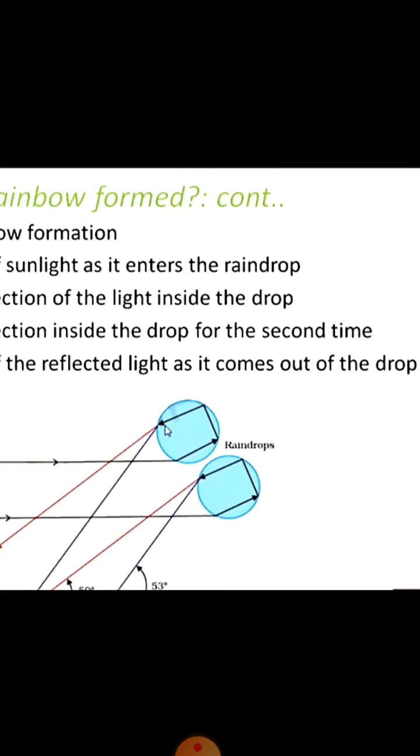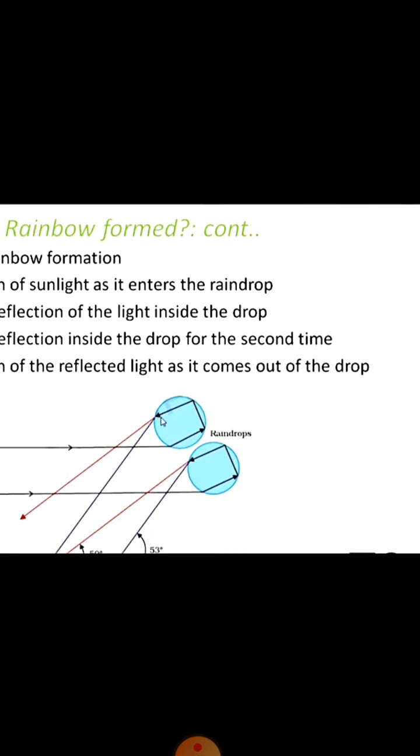But in this case, internal reflection takes place inside the drop for the second time. Somewhere internal reflection takes place only once, but somewhere it takes place twice. However, the rainbow you see will remain the same. There's no difference in the view of the primary rainbow and secondary rainbow.